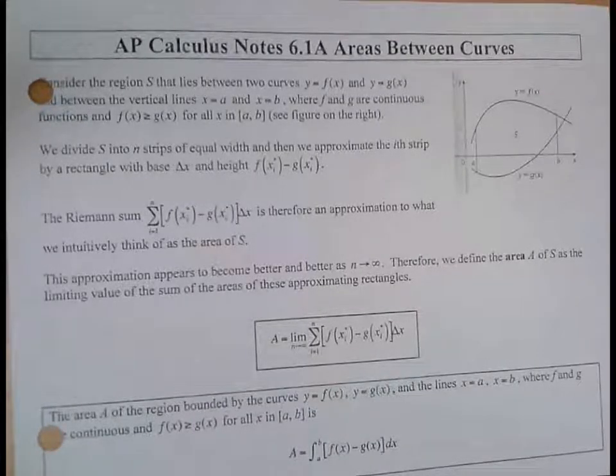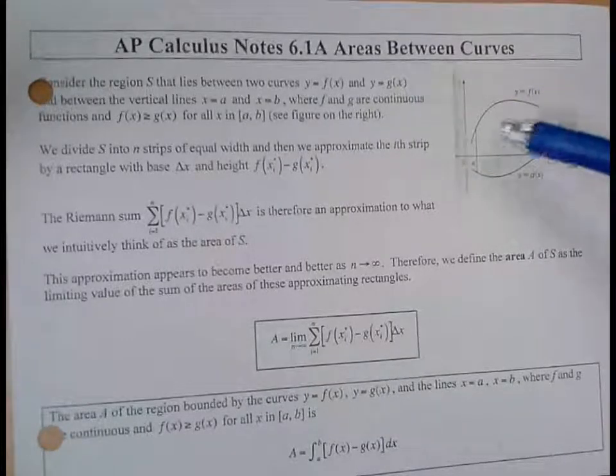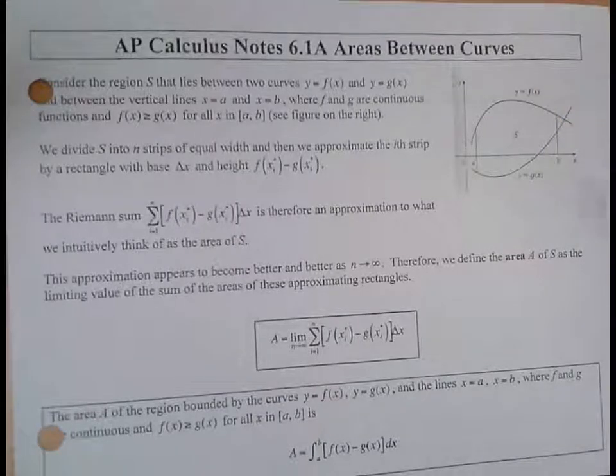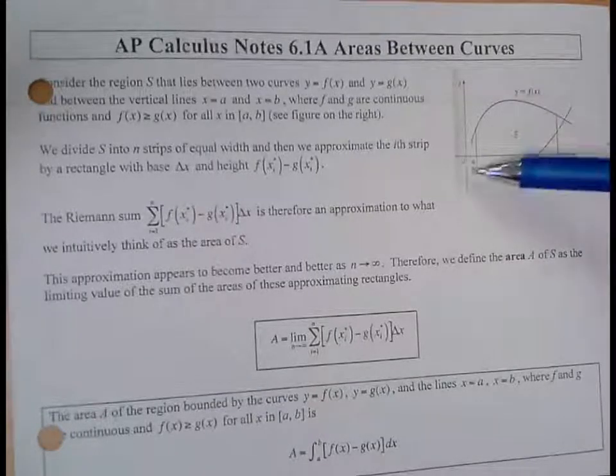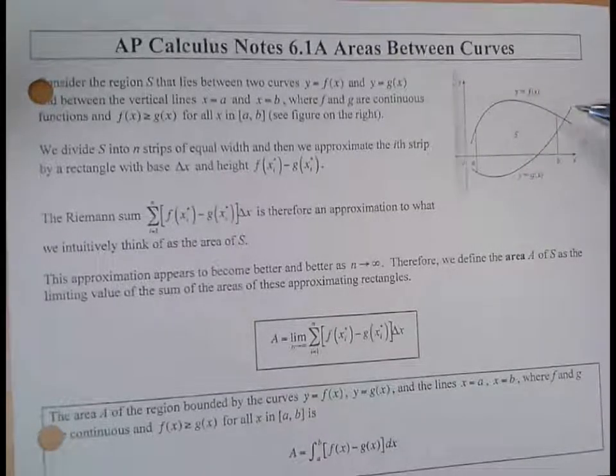So for 6.1, talking about area between curves, I'm going to talk about this in the general sense first. On this diagram here, if you consider the region S, it lies between two curves. So we have y equals f of x and y equals g of x.